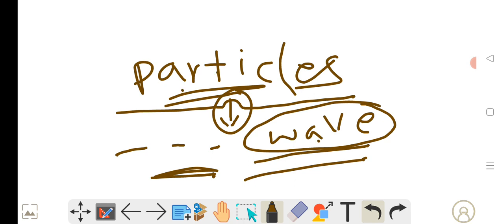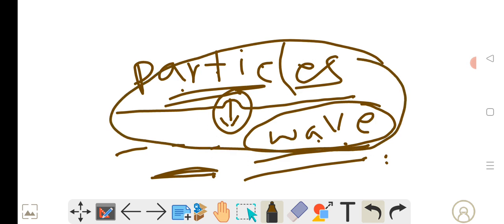So with these two, some scientists have concluded that light is neither only a wave nor only a particle, it has both qualities. Understood? This is not required for you now.